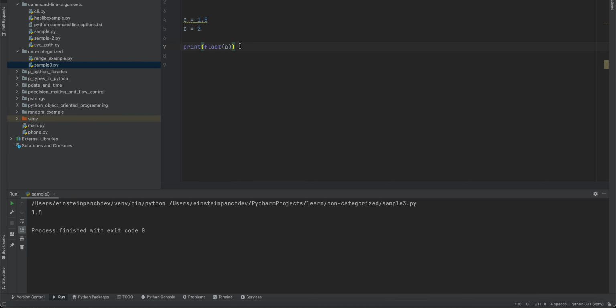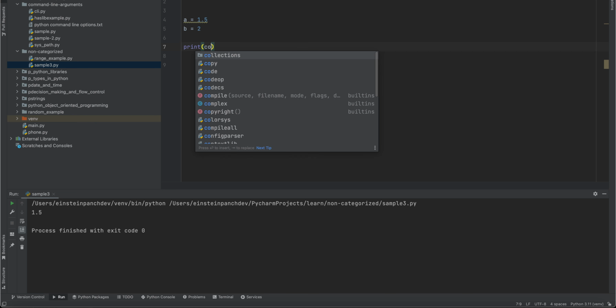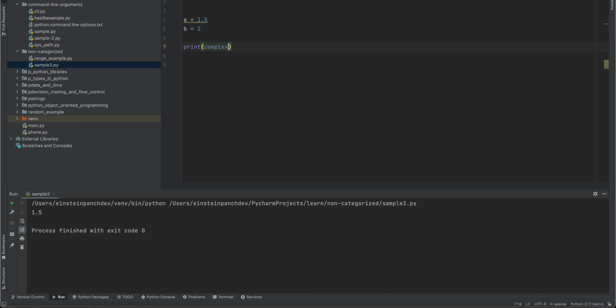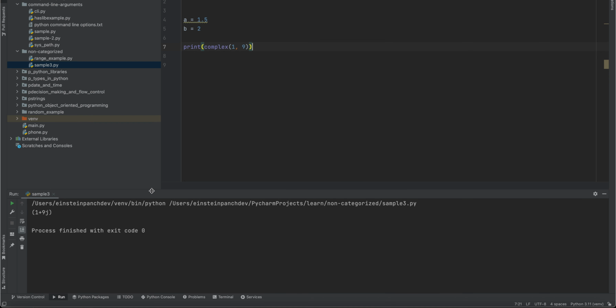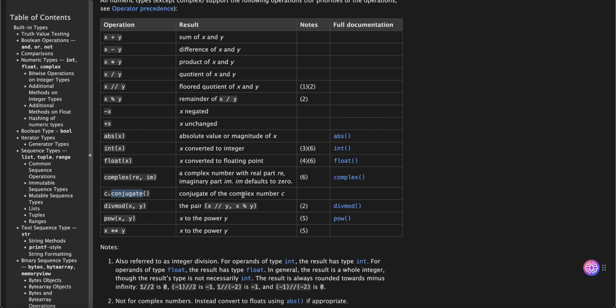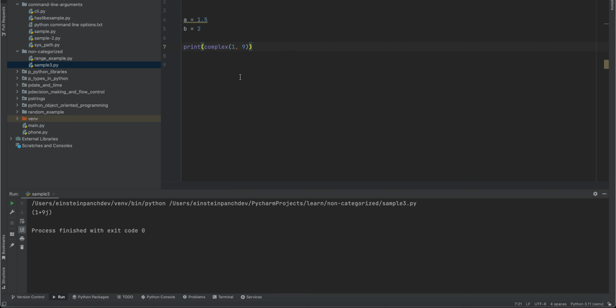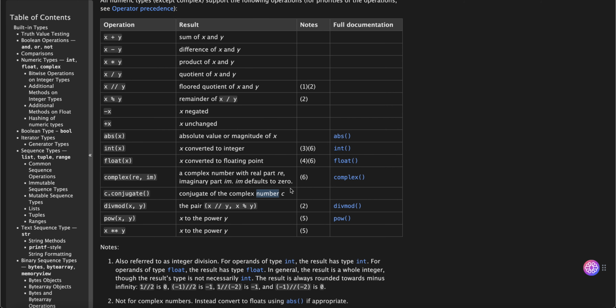And if I say complex, which has 1 comma 9, it will print the complex number 1 plus 9j. c.conjugate(): if I store c equal to this and try to print c.conjugate(), it will print 1 minus 9j.